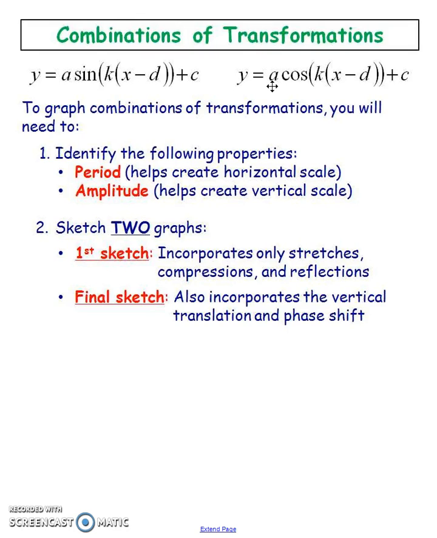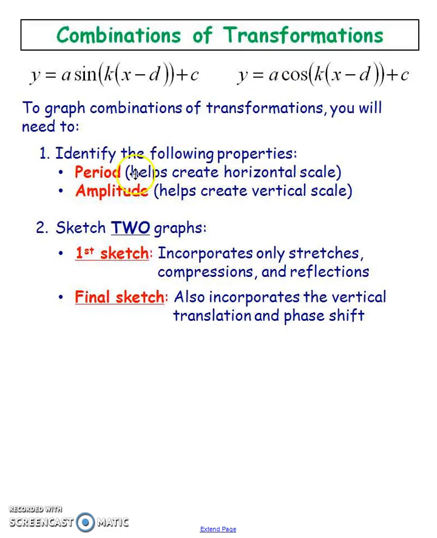Now, remember your period of 360 degrees? Well, that might stretch or compress depending on your K value. So this K value is going to be important when you're talking about the period. The height from the peak to the middle of the graph, remember the amplitude, is going to change if this A value decides to stretch or compress your graph vertically.